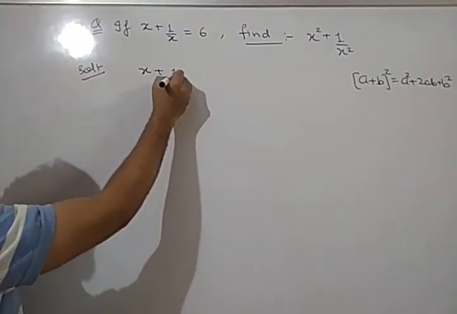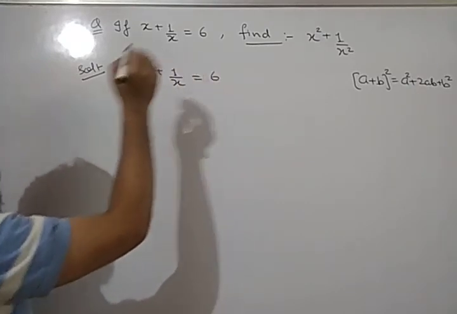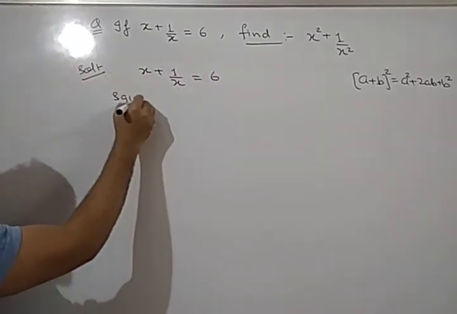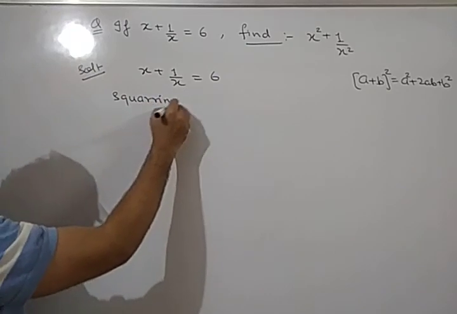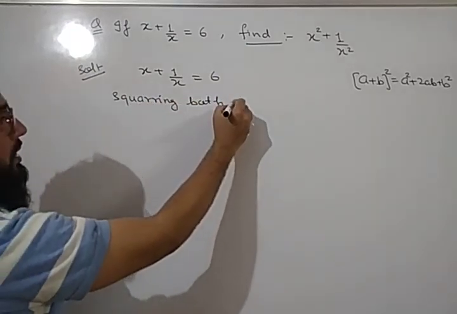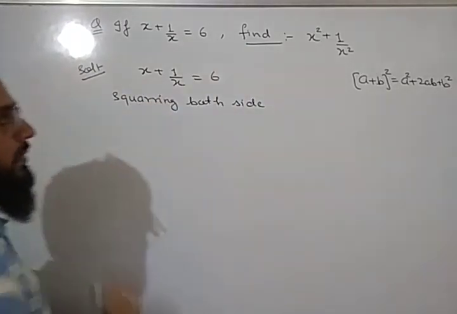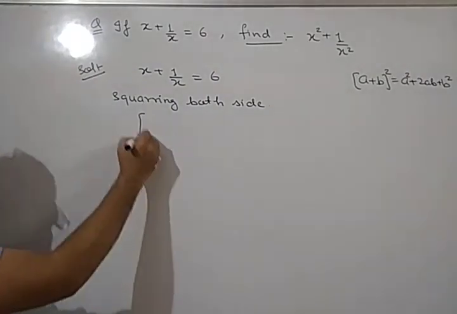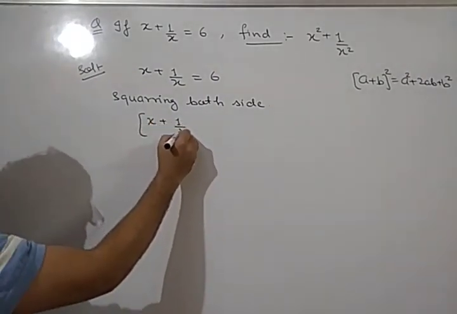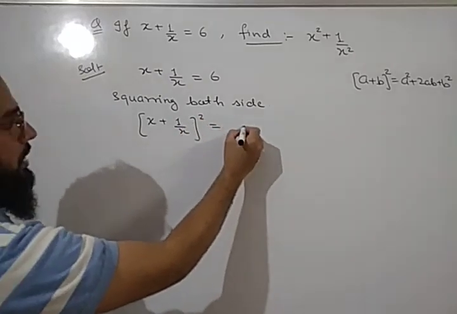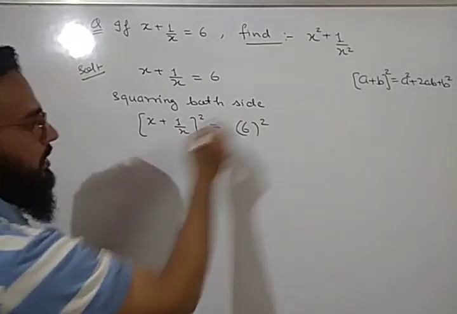You are given x plus 1 upon x is equal to 6. What you will do is square both sides. This is the first step, squaring both sides. Then it will be written as x plus 1 upon x whole square is equal to 6 square.